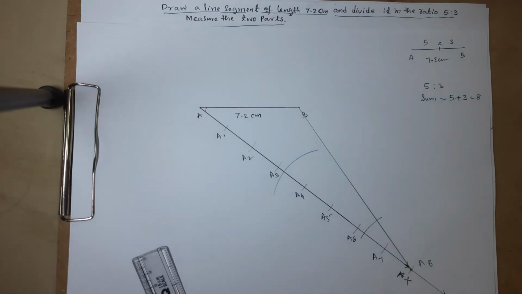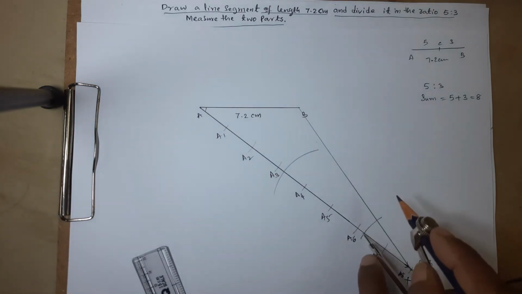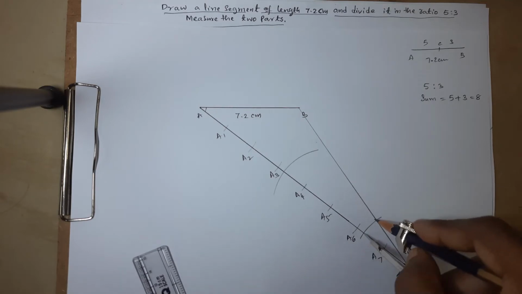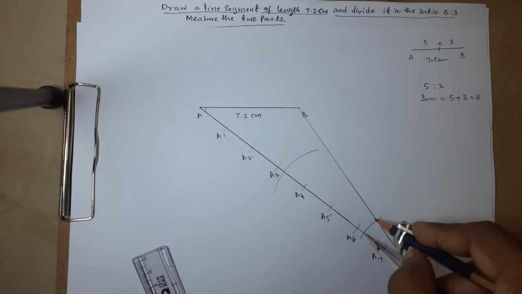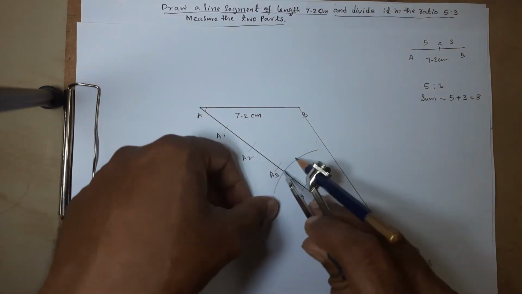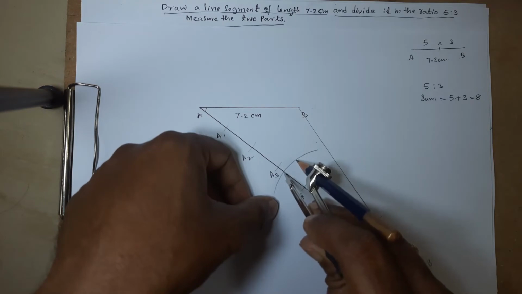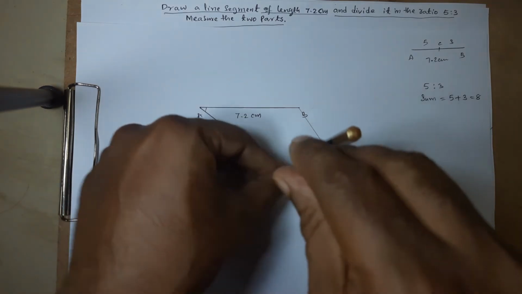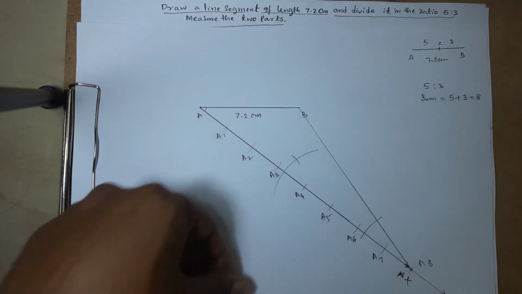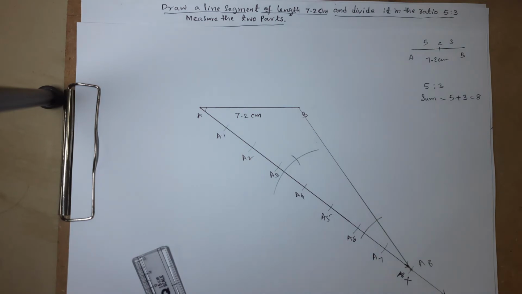Now measure the length of this arc. With the same radius, place the pointer here and cut this previous arc. Understand?